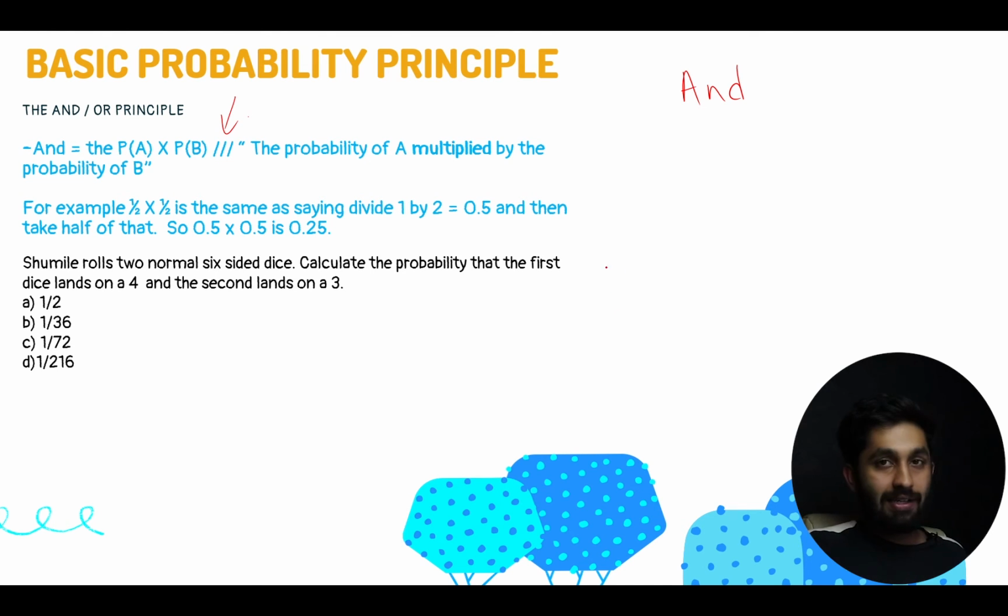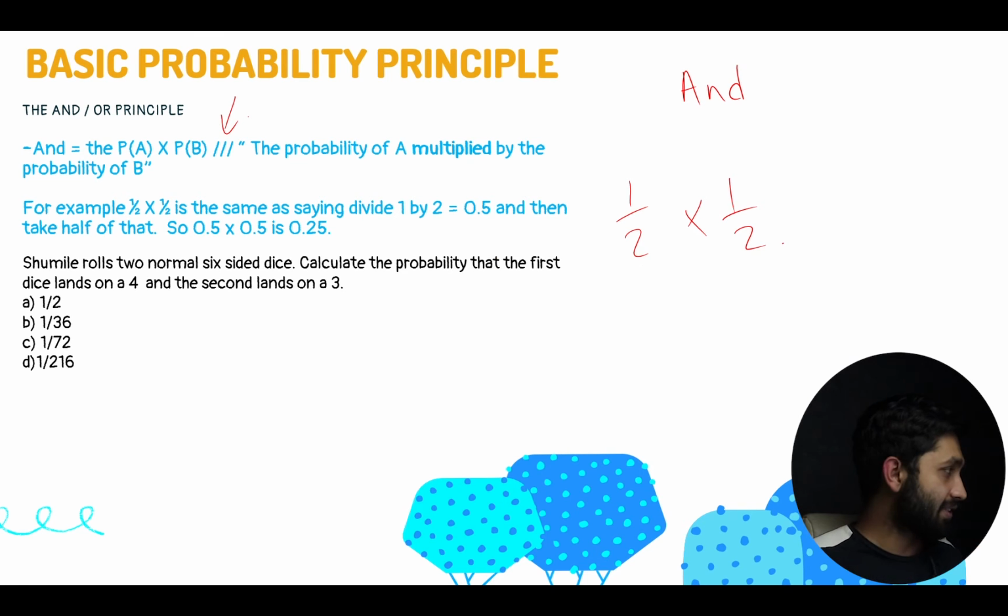When you multiply fractions, you're actually multiplying the result of that fraction, so basically the decimal version of that fraction. In this case, a half multiplied by a half is the same as saying 1 by 2, which is 0.5, and then take a half of that. So basically 0.5 multiplied by 0.5, which is 0.25, so the number decreases.